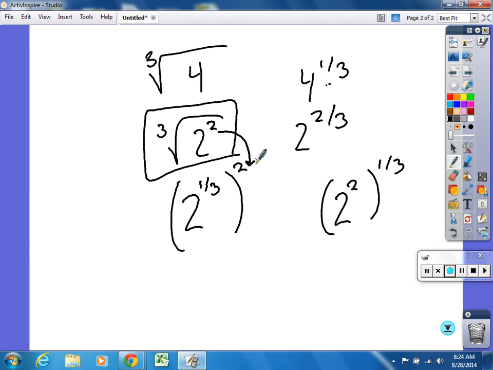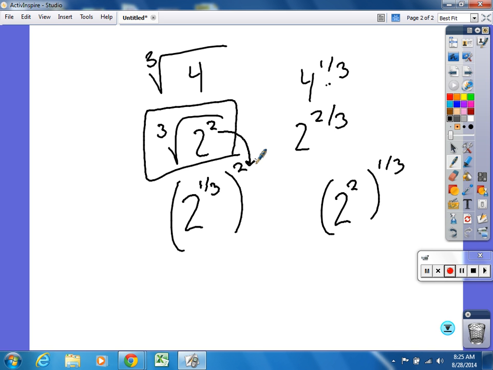Yes, ma'am. So basically, 2 times 1 is the 2, right? So I just go ahead and think, okay, anytime I see a cube root, I think of the 1/3 power automatically. And then that power, whatever's in here, could go outside.